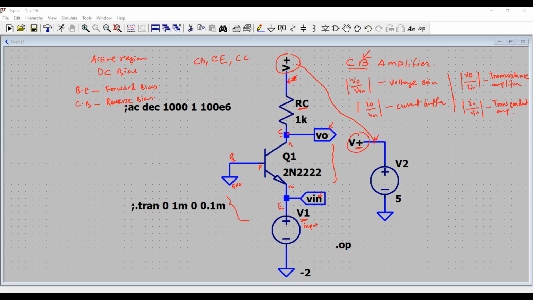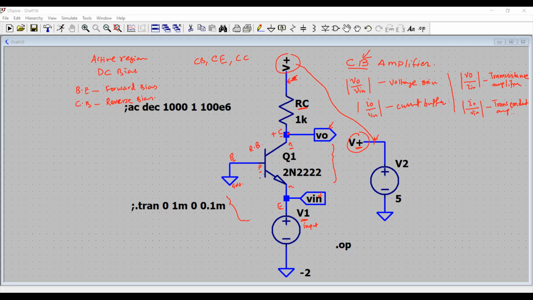Let us understand that. Here is your NPN. There is this PN junction. P is connected to the ground, so N should be connected to the positive potential so that this junction is reverse biased.